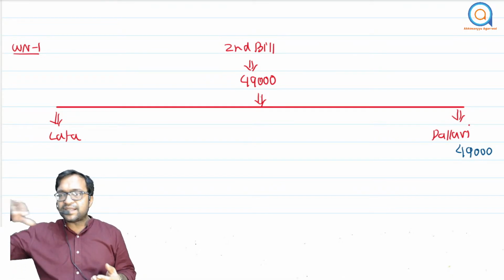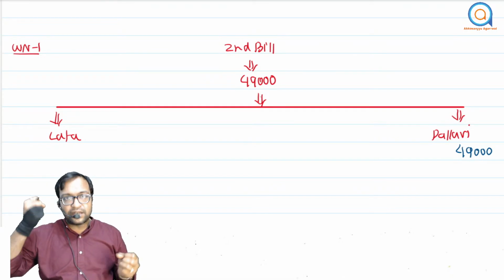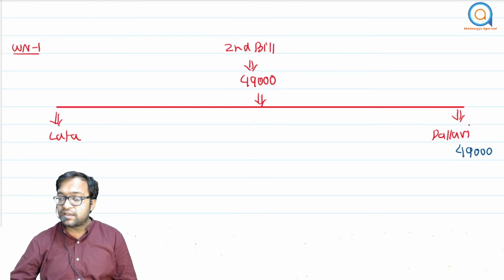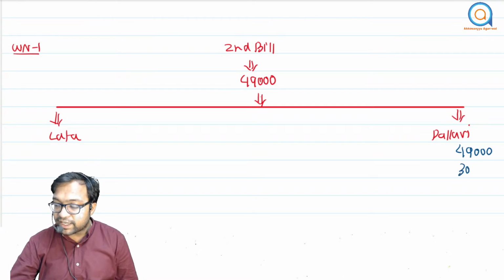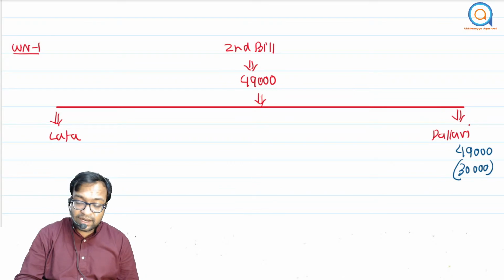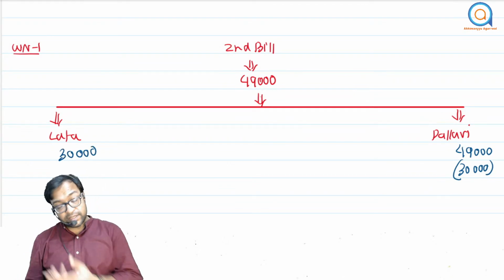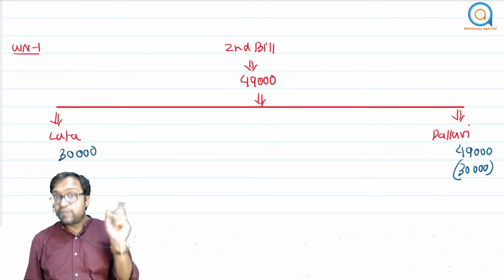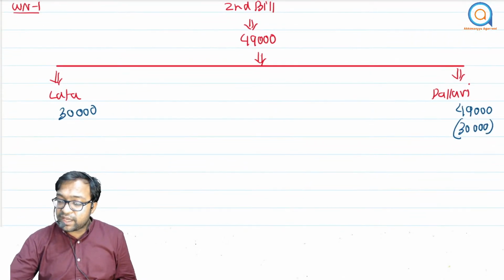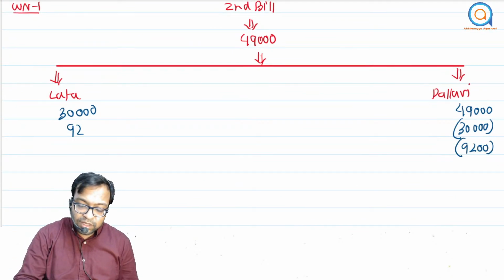So Pallavi has taken out this 30,000 from this 49,000 on behalf of Lata, no? So technically Lata is using this money because it was taken out on behalf of Lata. Lata could not pay the money. And now Pallavi has taken out 9,200 and this is also given to Lata.